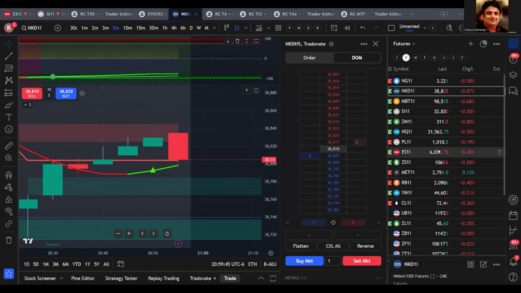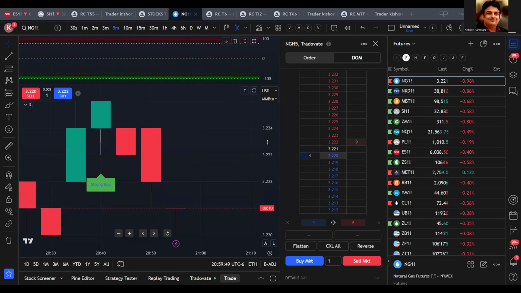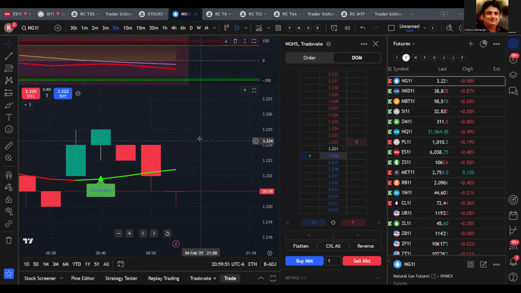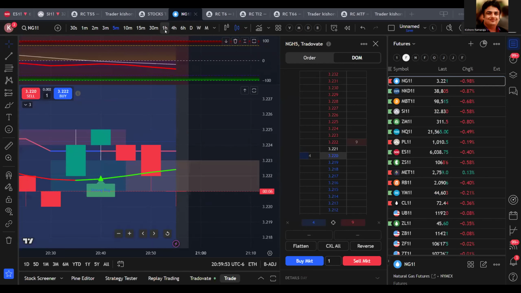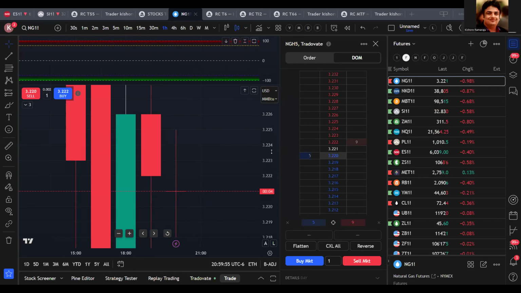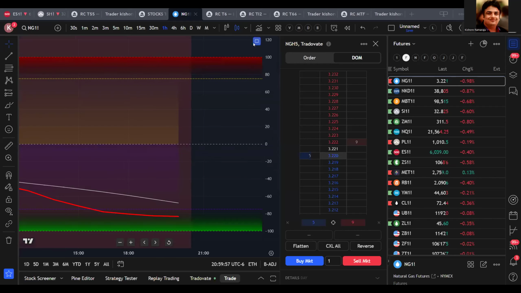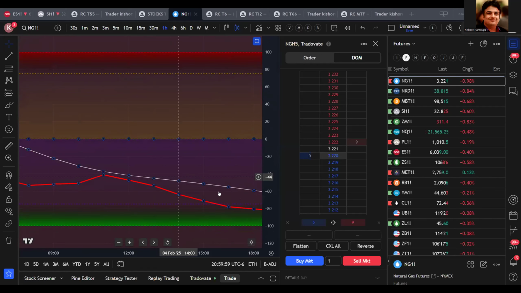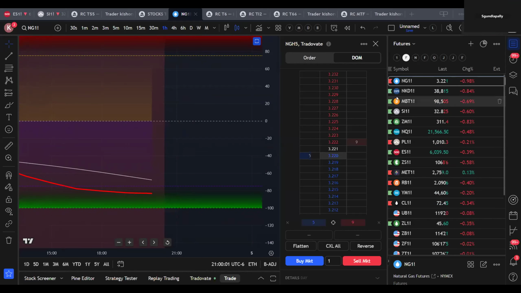Before even the session, before the market opens, or in the first 5 10 minutes when market opens, if we can go to 1 hour and see whether it is looking bullish or bearish. If you see that natural gas is bearish, you just put a red mark here. Then you know that your sell is right. When you take in 2 minutes or 5 minutes, you just focus on sell signals, you'll make a lot more money.